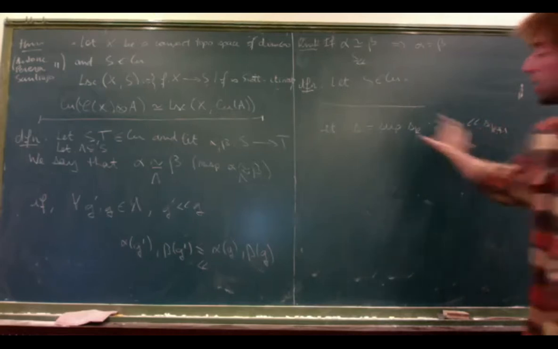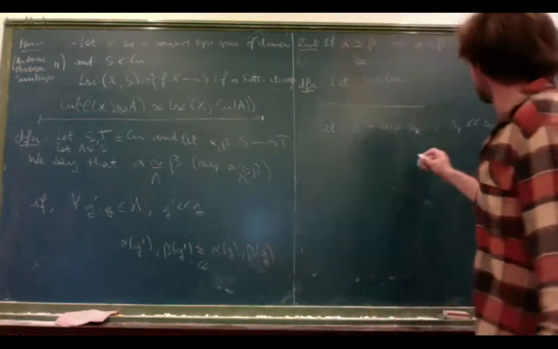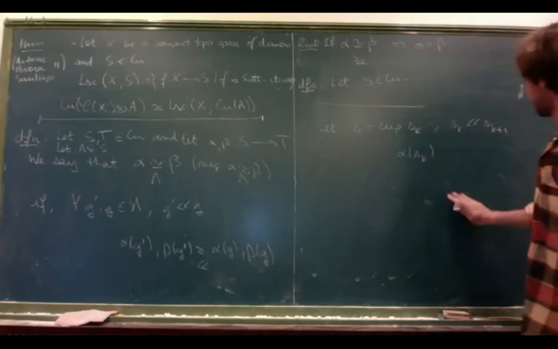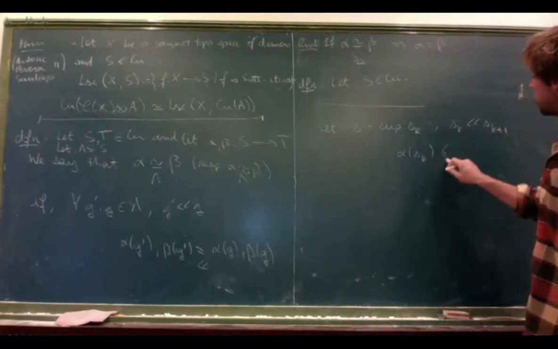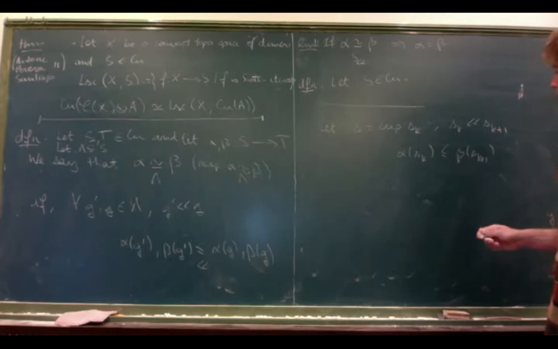Now I put this within this machinery, and what this tells me is that alpha of s_k will be smaller than beta of s_{k+1}.